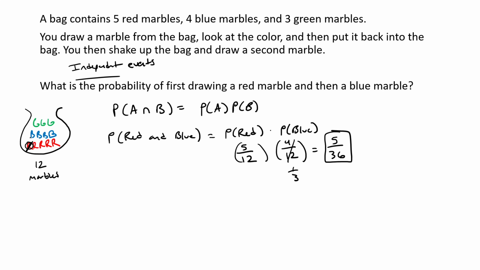Well, now that red marble is no longer in the bag. And so now there are no longer 12 marbles, there's only 11 to choose from, which is going to slightly change the probability of drawing another red marble or drawing another blue marble or something like that.